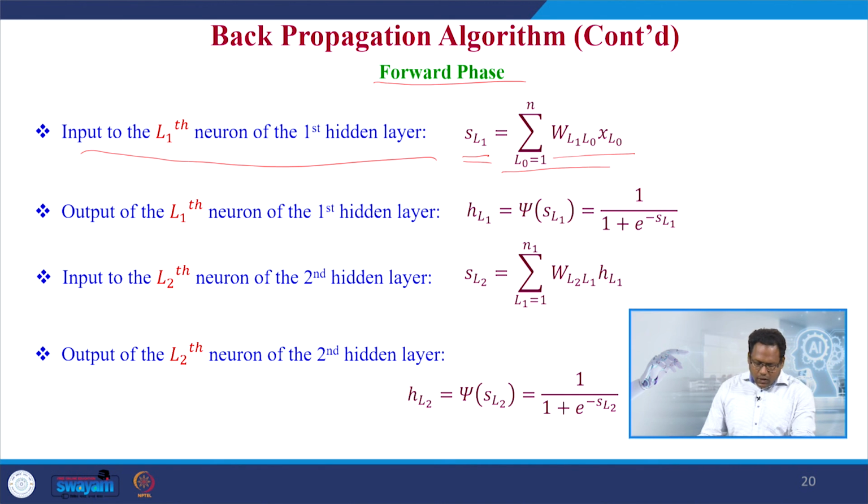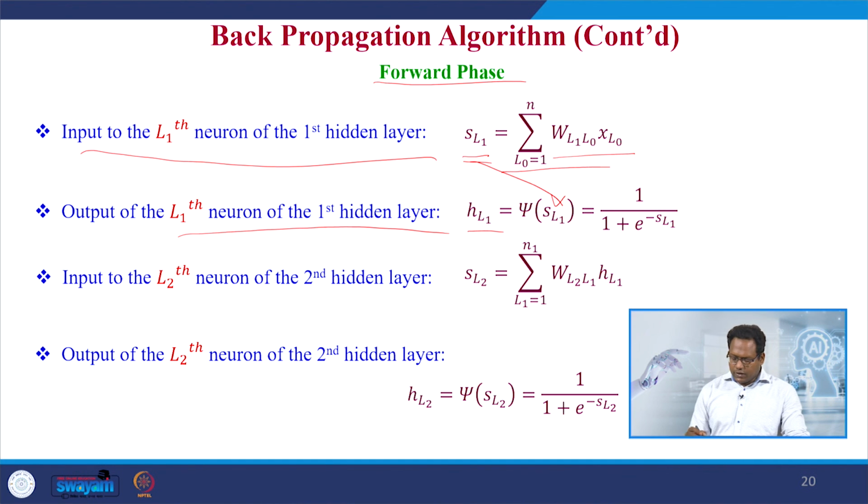The output of the L1th neuron of the first hidden layer is HL1, which is given by the transfer function of the input SL1. We use the sigmoidal transfer function, which takes the form 1 by 1 plus e power minus input, where the input is SL1, that is why it is minus SL1.